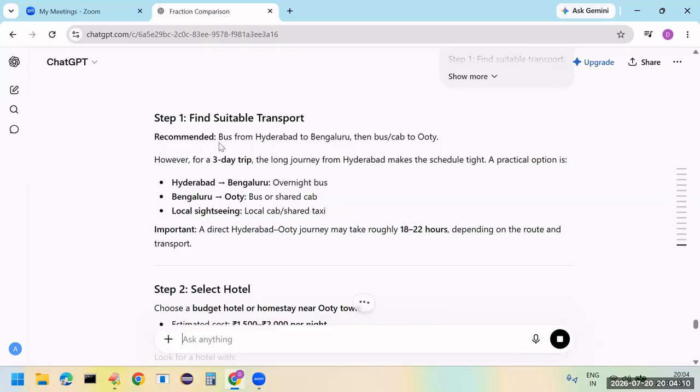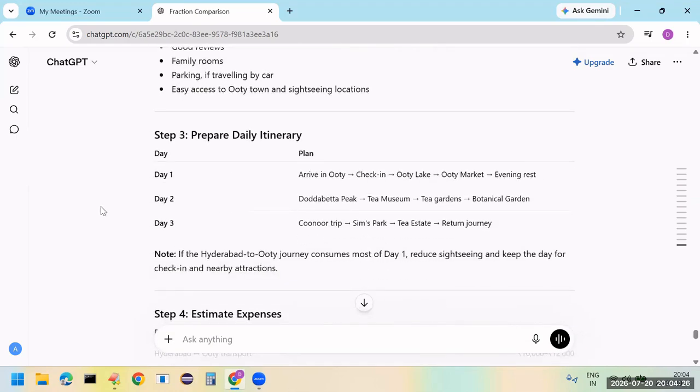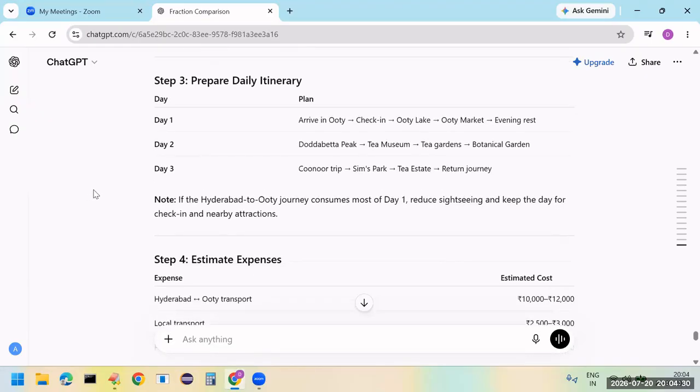Find suitable transport. Sir, bus from Hyderabad to Bengaluru, then bus or cab to Ooty. However, for a 3-day trip, what are the possibilities? Hotels, estimated cost. Prepare daily itinerary. Day 1, Ooty check-in, Ooty Lake, Ooty Market, evening rest.